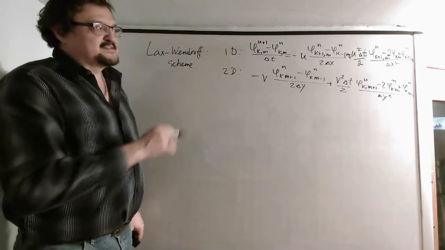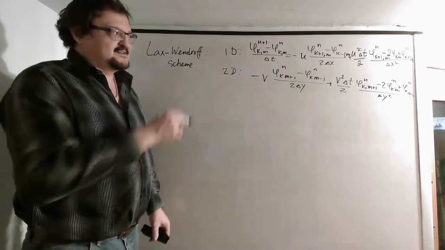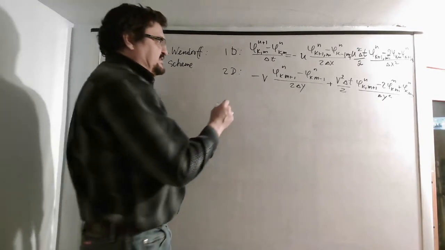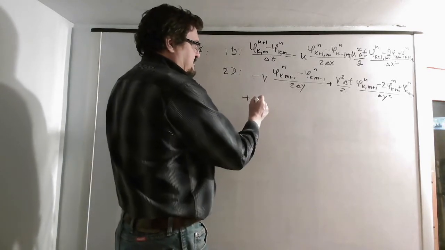So in order to make this scheme stable, we actually need to add this cross term. So we need to add the following.